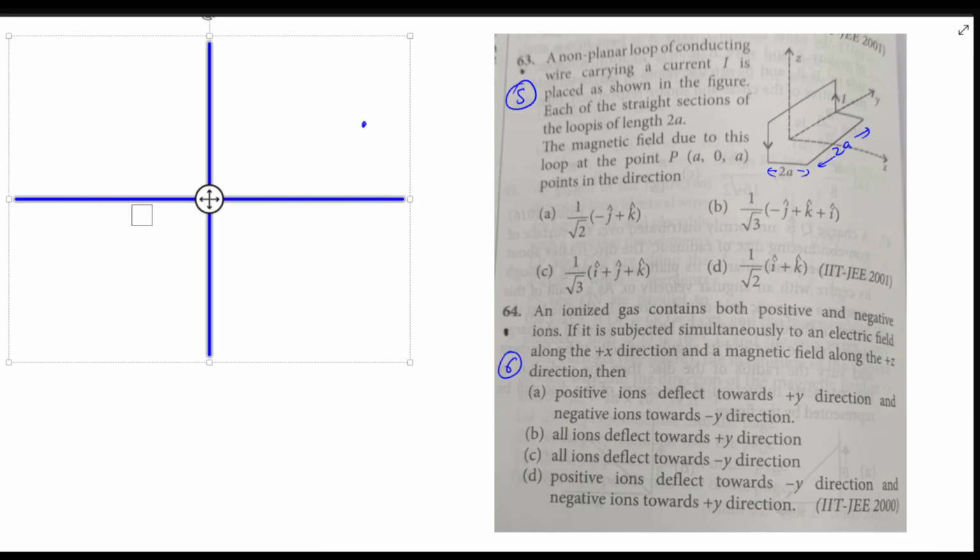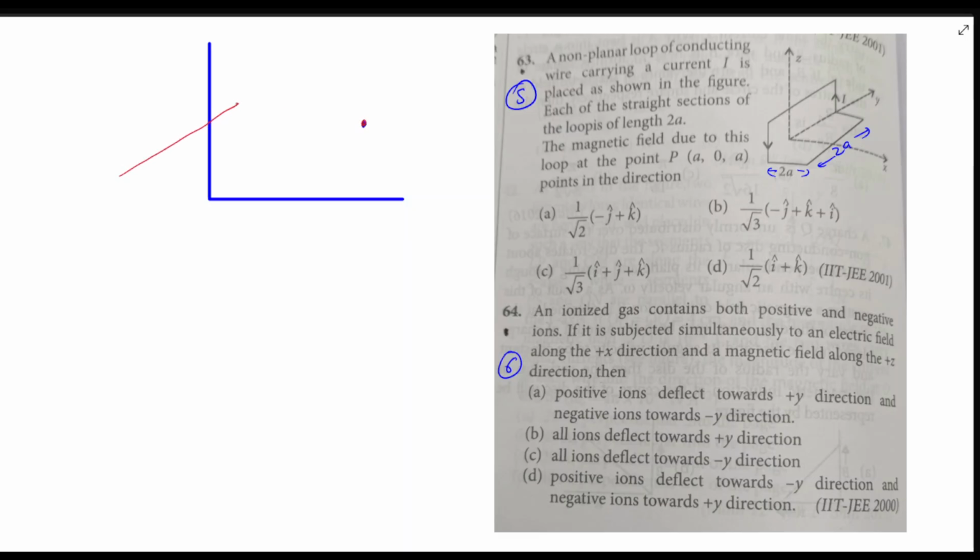Let me make the axis like this, and we have a plane like this. Here we have to find the field at this point, a comma 0 comma a.